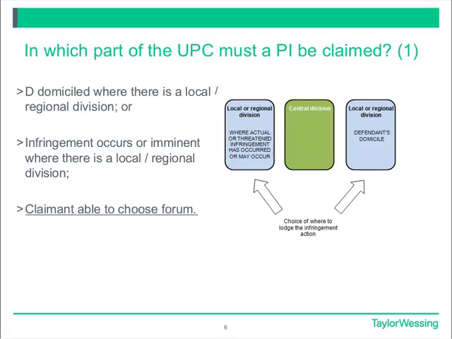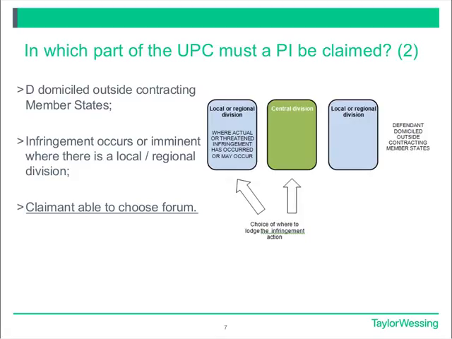So the claimant has got a choice, and if, as some suppose, there are differences in approach between the local and regional divisions in the UPC as to the grounds on which they will grant a preliminary injunction, or to put it bluntly, it's supposed that some may grant them more readily than others, that choice you've got there, if you're a claimant, may be quite useful.